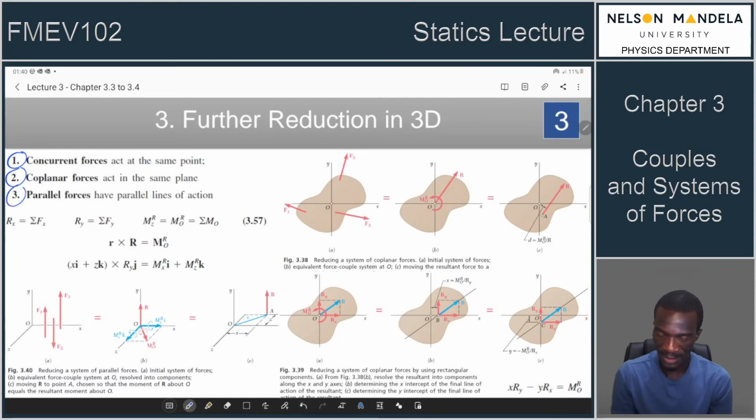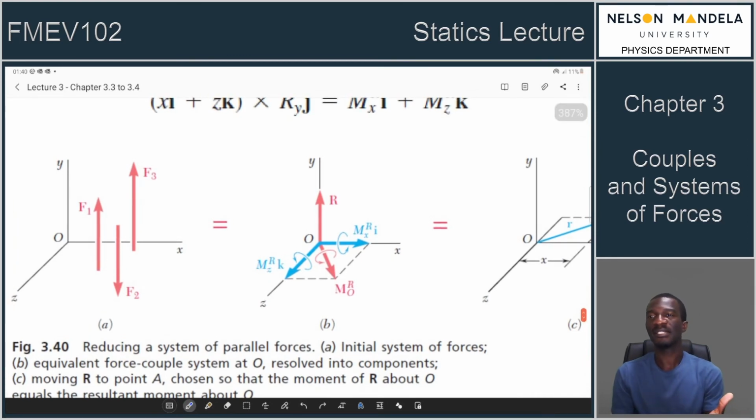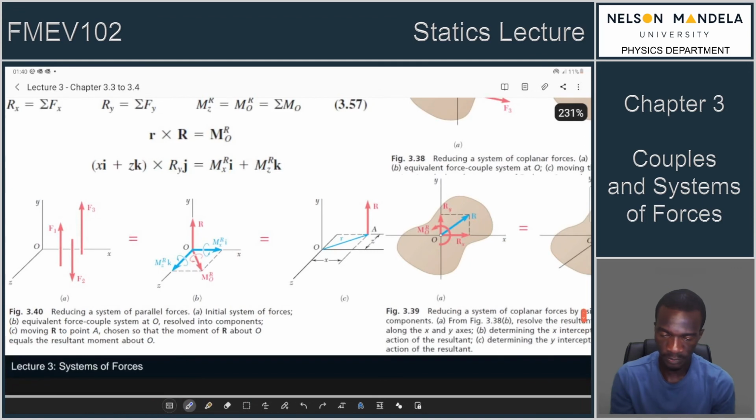Parallel forces can also produce a single resultant. So as long as they are parallel, just like in the first case here, all these forces are vertical. There are two forces pointing in the upward direction, F1 and F3. There's a force that is pointing in the downward direction, F2. If you add them up, you will get maybe a net upward force.